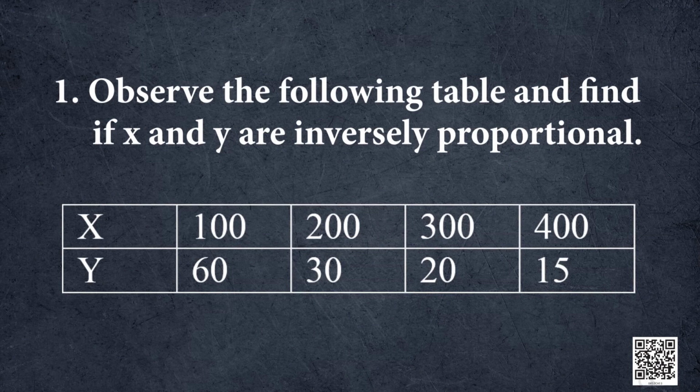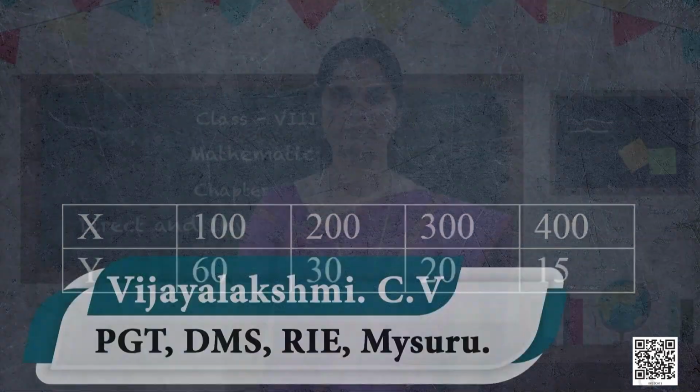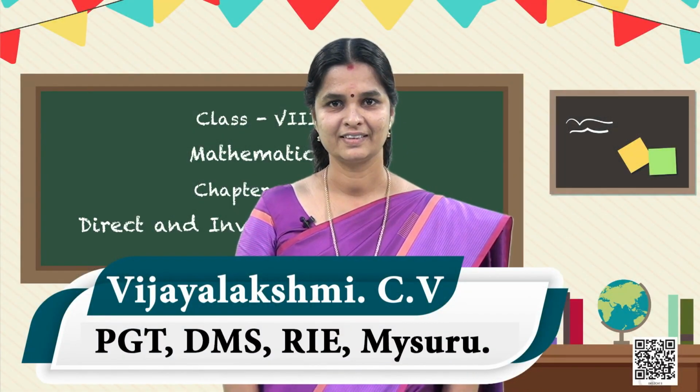Observe the following table and find if x and y are inversely proportional. Look at the table. What are the values of x and y? Okay, good. What do you need to do here? Correct.